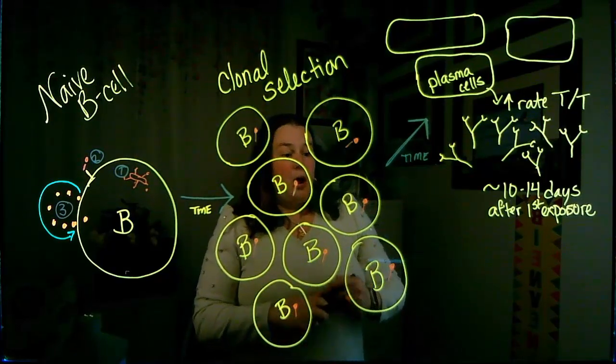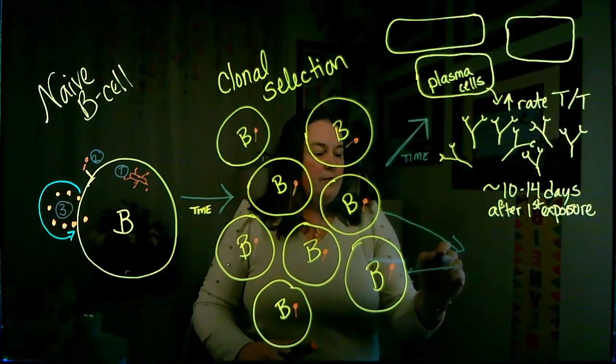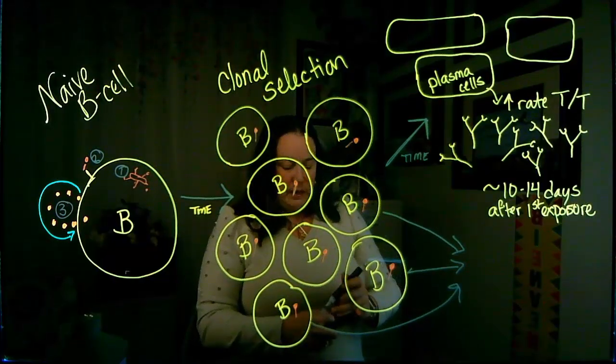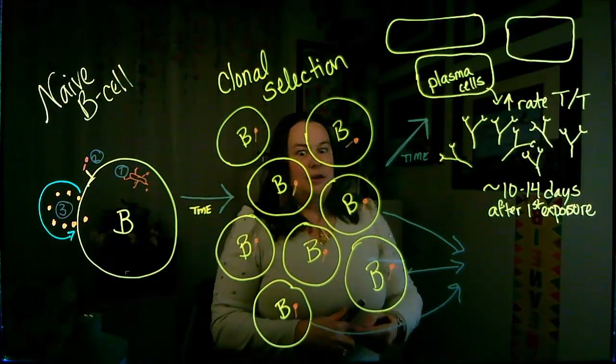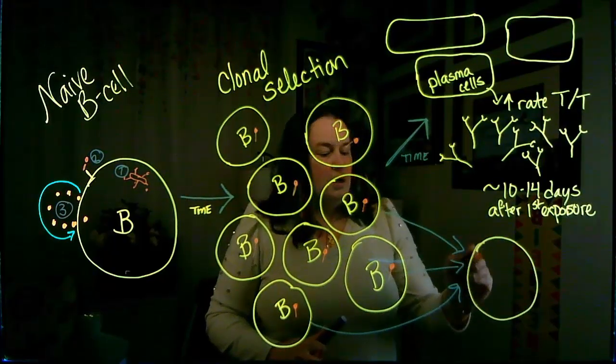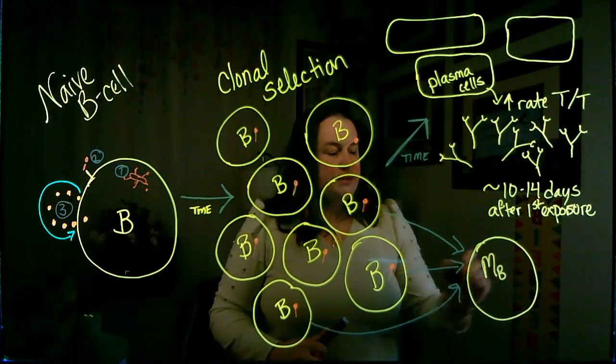However, when this clonal army is being created, a group of the B cells, a few of the B cells, are going to come over and they're going to create what I think of as the National Guard, a reserve army. So we're going to get a couple of B cells over here that are going to become memory B cells.